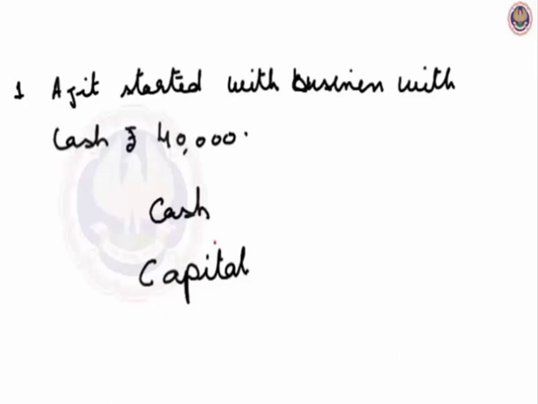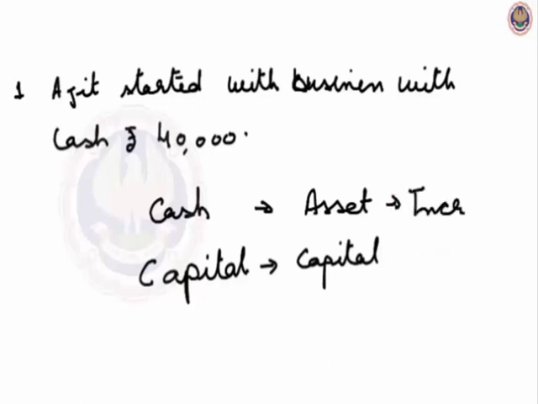We know the rules of debit and credit as per the modern approach. Cash is an asset, and capital is a personal account with a separate head. Whenever there is an increase in an asset, it is debited.